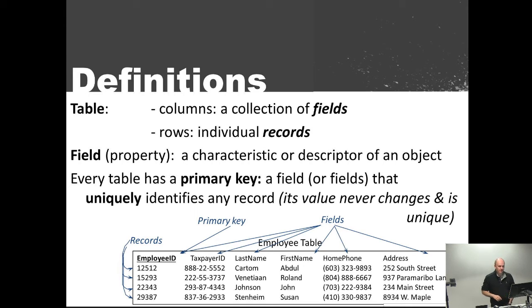Another very important thing is that each table has what is called a primary key. A primary key is a very special field. It's a field which will uniquely identify any record. So it's a value which is never going to change and is going to be unique. That's the way you are going to recognize, in that case, an individual.